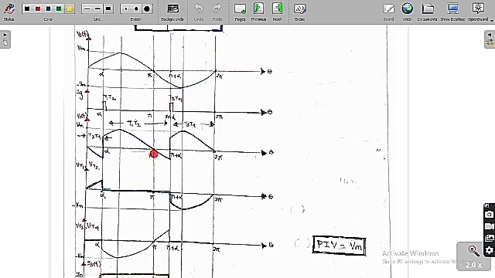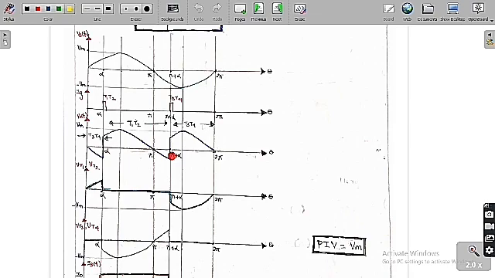And also from pi to pi plus alpha, T3 and T4 are not triggered, so they cannot be on. But T1 and T2 are going to stay on because the current is always constant, which means it has to flow in the circuit. So definitely T1 and T2 are going to conduct even in this region. Listen carefully. From pi to pi plus alpha, T3 and T4 are in the forward blocking mode.